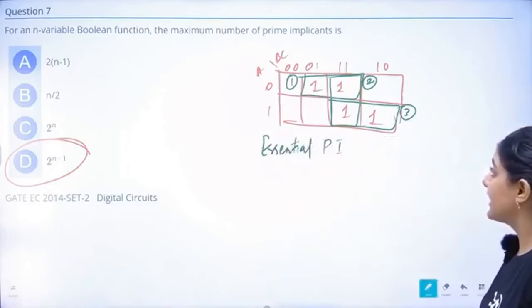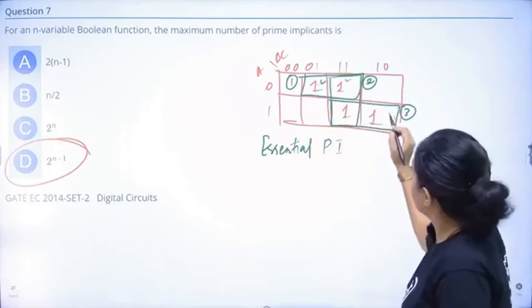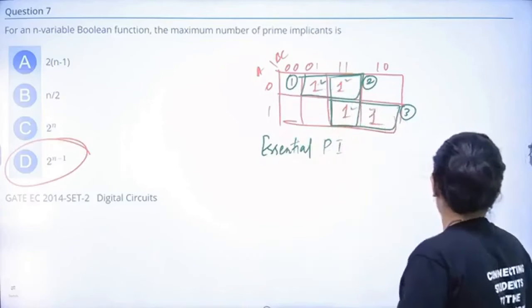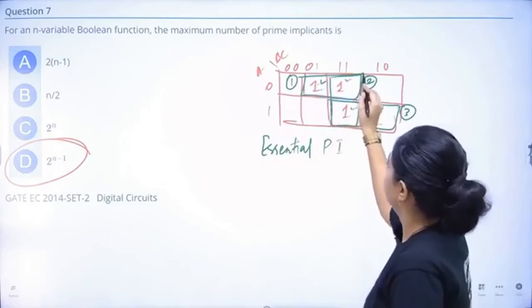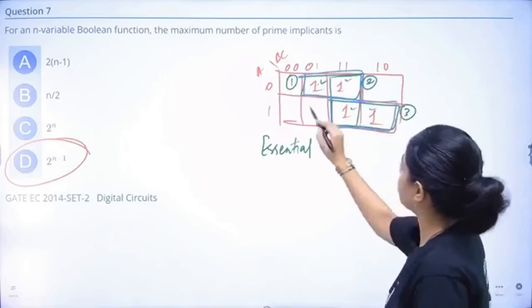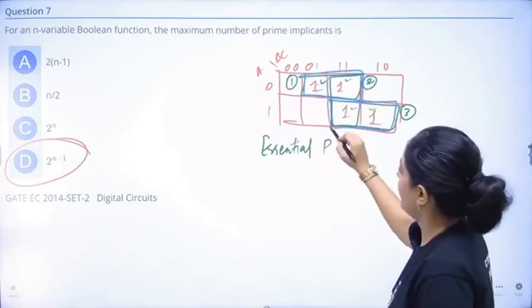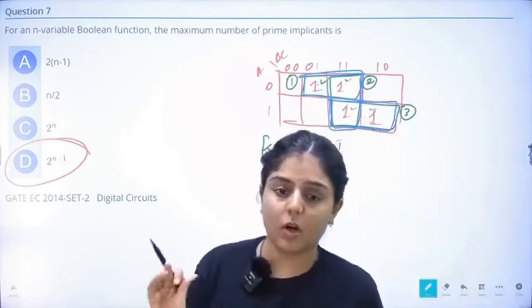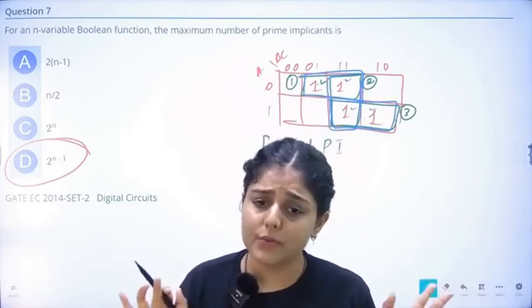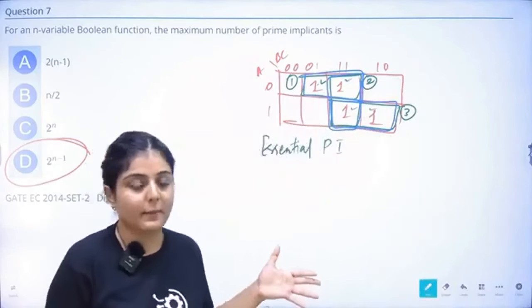Now if you check for essential prime implicants, here this one and this one is covered. This one and this one is covered when I am making a square combination like this. When we cover all the ones by using prime implicants, they will become essential prime implicants.